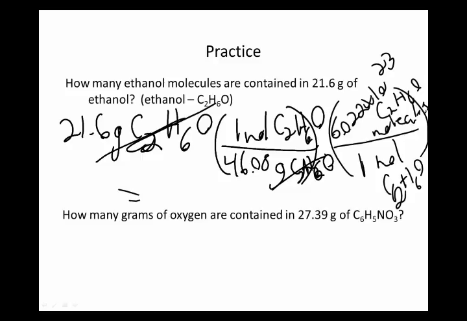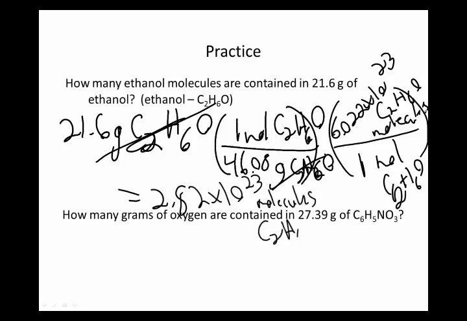Then we get 2.82 times 10 to the 23rd C2H6O molecules.